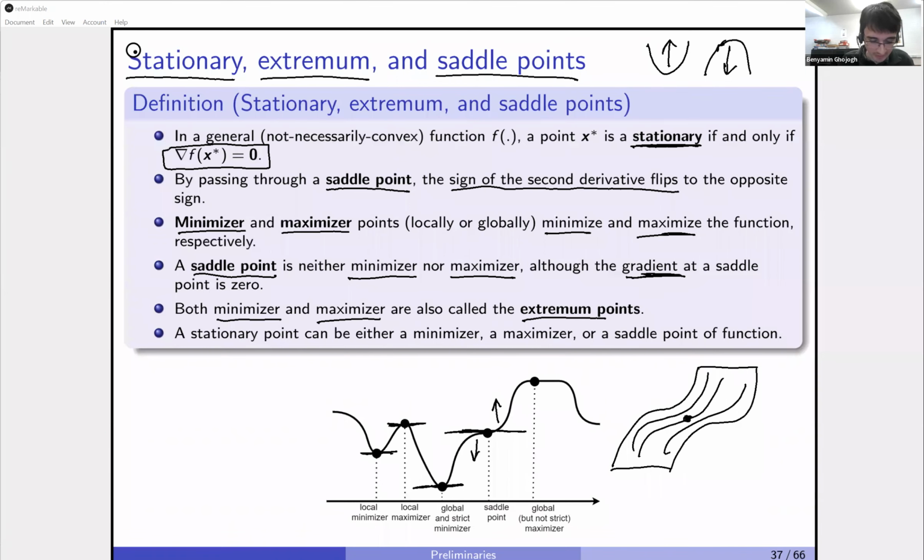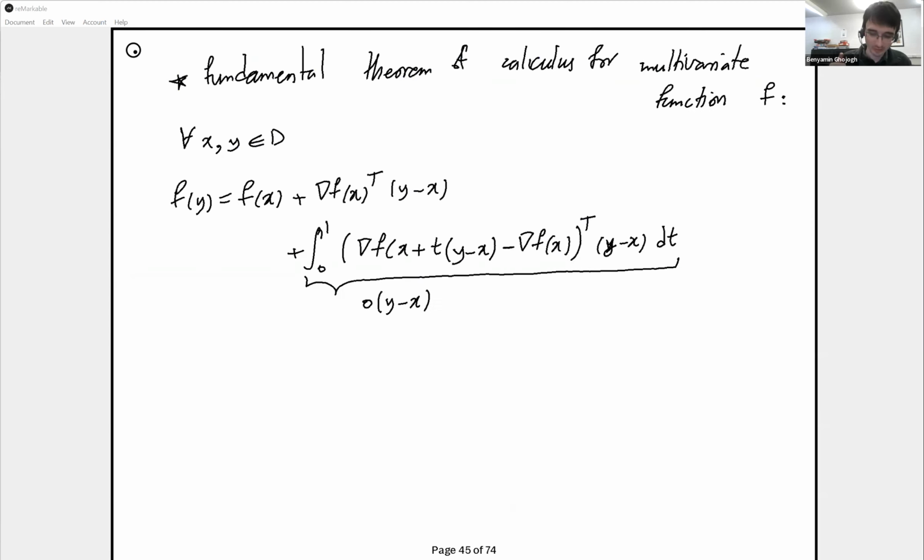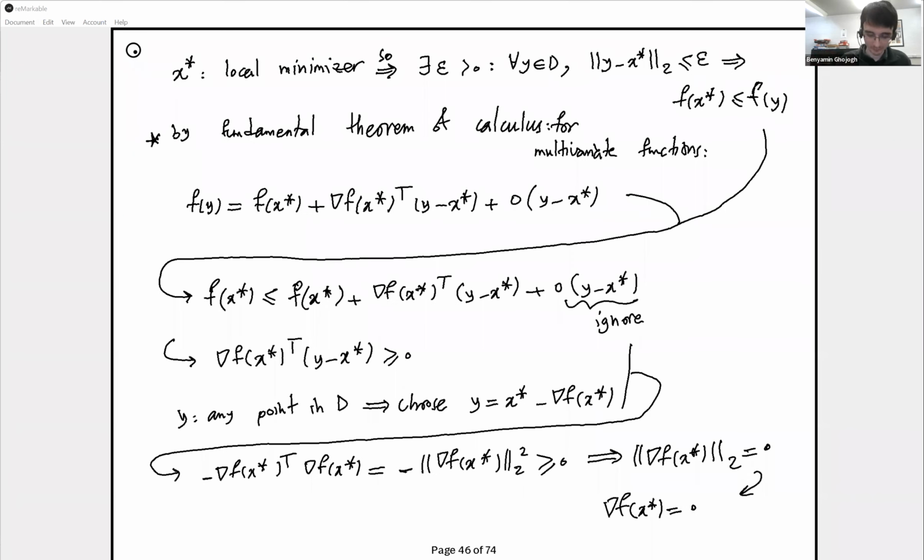In a general case, if x is a minimizer or maximizer, the derivative is 0. But the other side is not necessarily true. If the derivative is 0, it's not necessarily a minimizer or maximizer. It might be a saddle point. Okay, that's the case. It also has a proof based on the fundamental theorem of calculus. We will skip that proof for now.